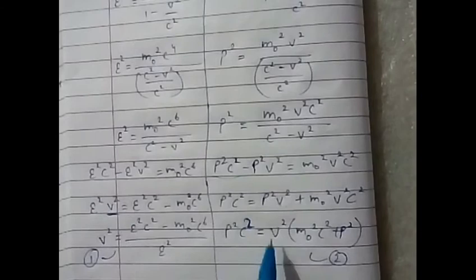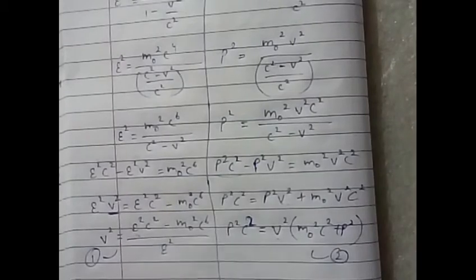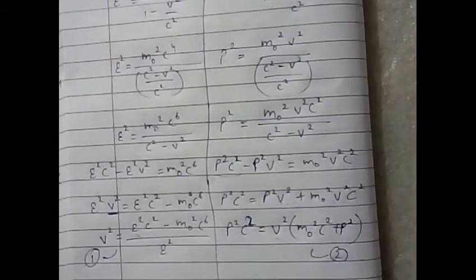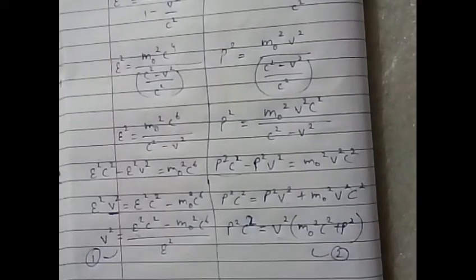Now we have to substitute this v squared in the v squared of this second equation, so it will be p squared c squared equals v squared, and for v squared we are going to write this equation, which is E squared c squared minus m naught squared c raised to the power of 6, over E squared, times m naught squared c squared plus p squared.